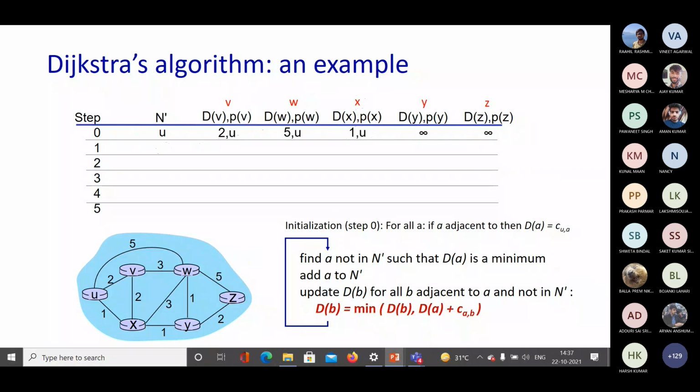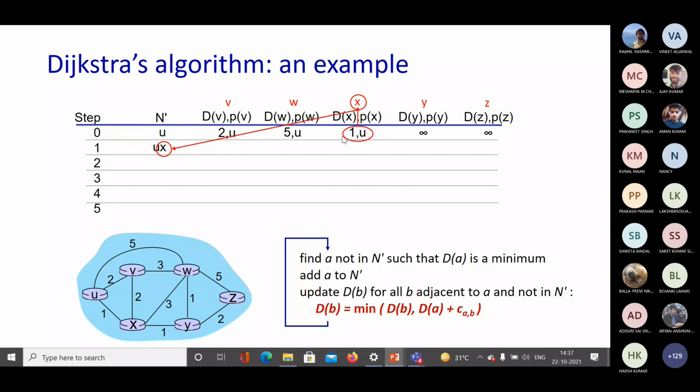Now we'll go one by one. So these three already have direct connections: 2,U and 5,U for V and W, and these seem to be the least cost ones. Now let's go to the node X. So how do we choose in Dijkstra?